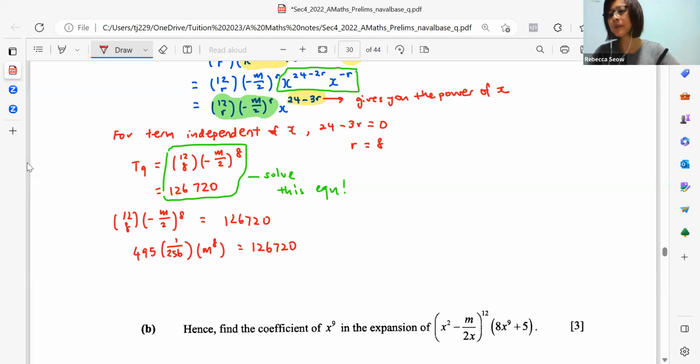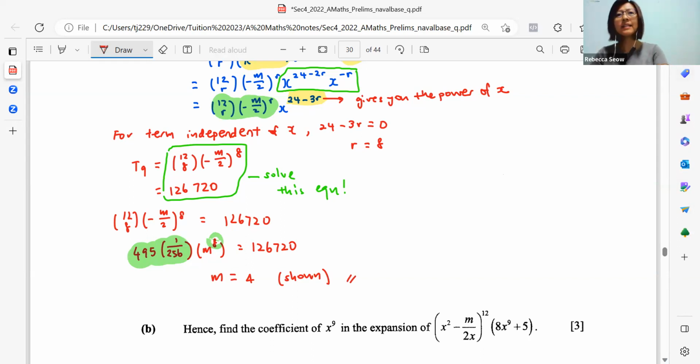If I divide both sides by the values over here, and take the 8th root because I have m to the power of 8, I will end up with m equals 4, shown. So this is the first part of the question.